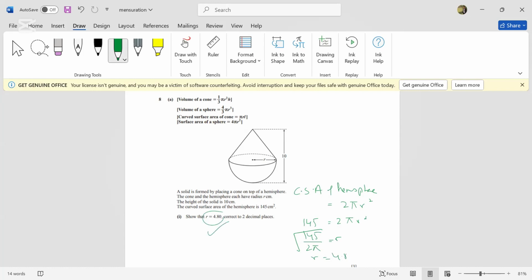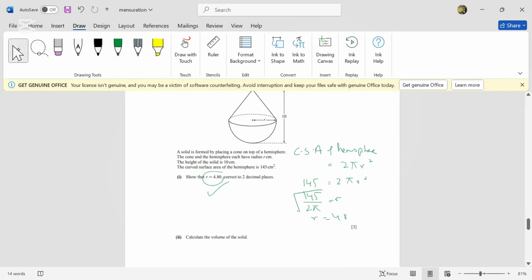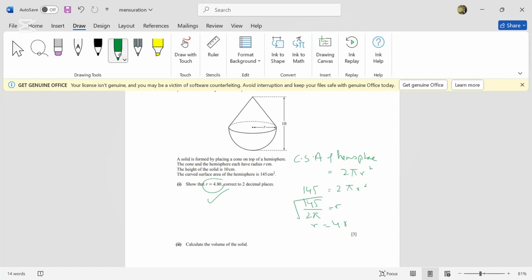Okay. Let's see what's the next thing. We have to get the volume of the solid. Now, the radius is 4.8.